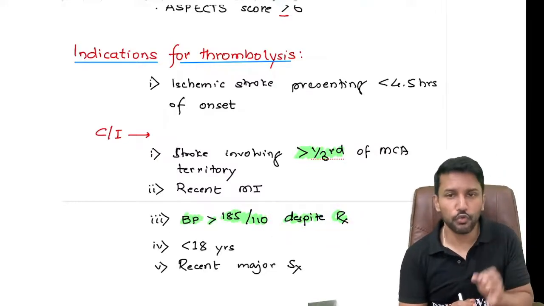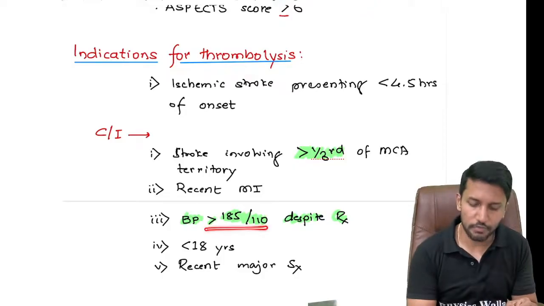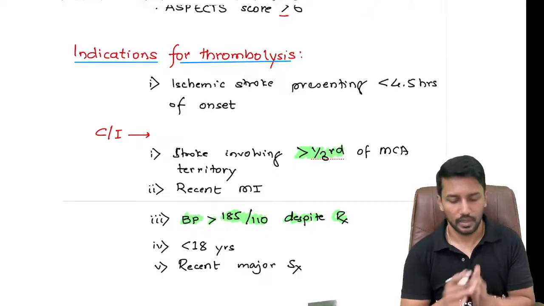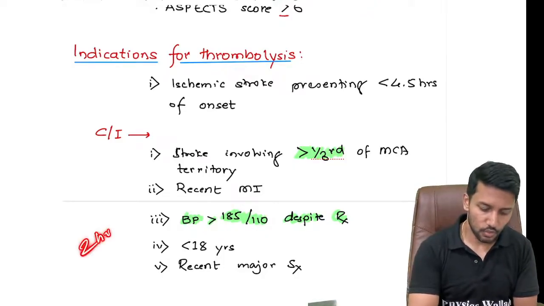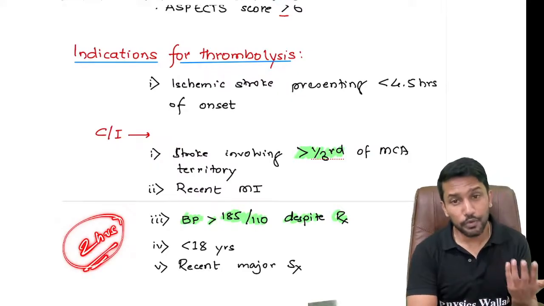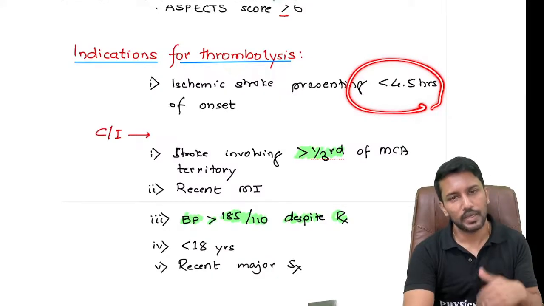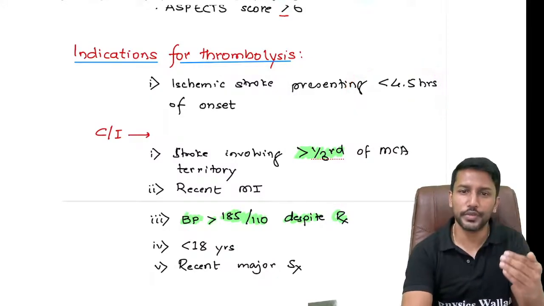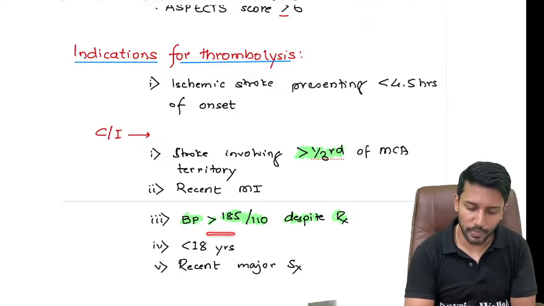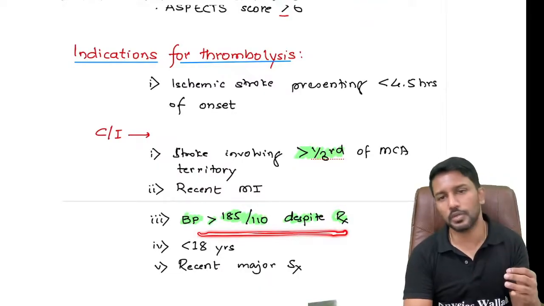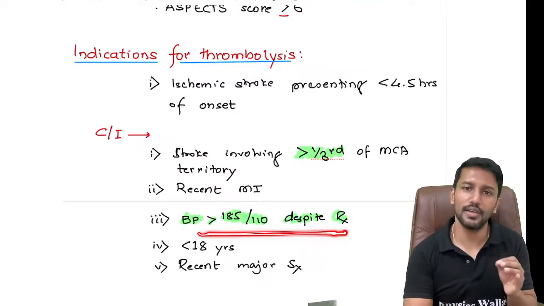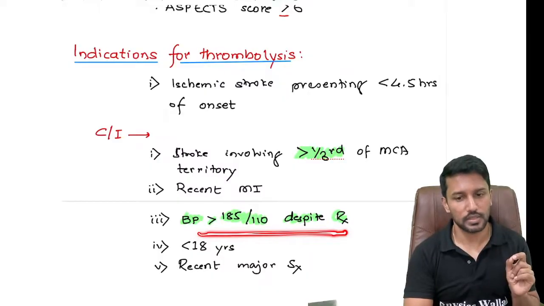Nobody is stopping you from lowering the BP to less than 185 by 110. If the patient is presented 2 hours after the onset of symptoms, you have till 2.5 hours more to lower his BP. If before crossing 4.5 hours of the onset of symptoms you can get the BP back to less than 185 by 110, you can definitely go ahead and do the thrombolysis, right?